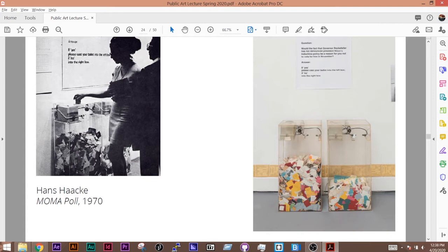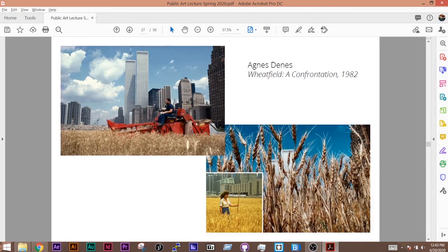Looking at a couple other pieces, Agnes Denes, this is a work called Wheatfield, A Confrontation, from 1982, and you can see here that the two towers are still standing. She was given a plot of land near Wall Street on the west side of the Hudson, which had been an abandoned site.